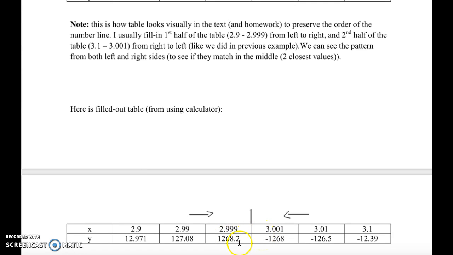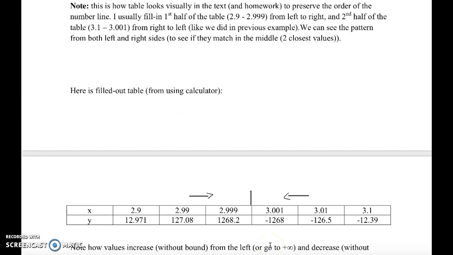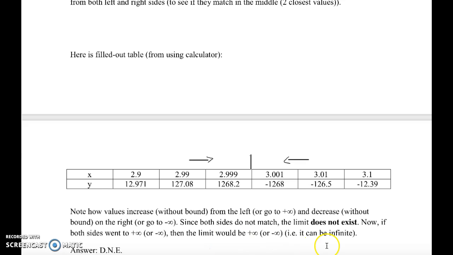So in this case, my values on the left-hand side and the right-hand side are not going to match. Therefore, this limit does not exist. This side goes to positive infinity. This side goes to negative infinity. So therefore, they're never going to match. This is an asymptote because we know it's not defined at 3, and this limit does not exist.